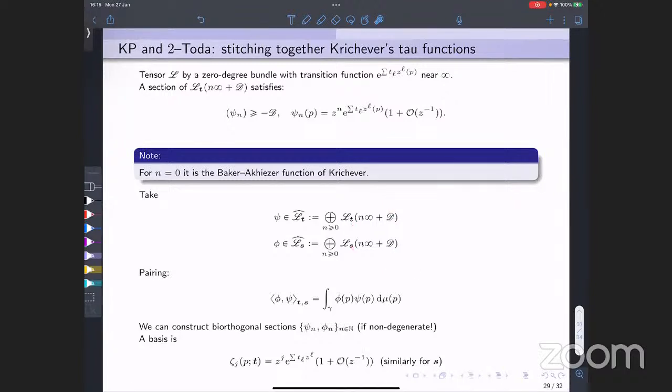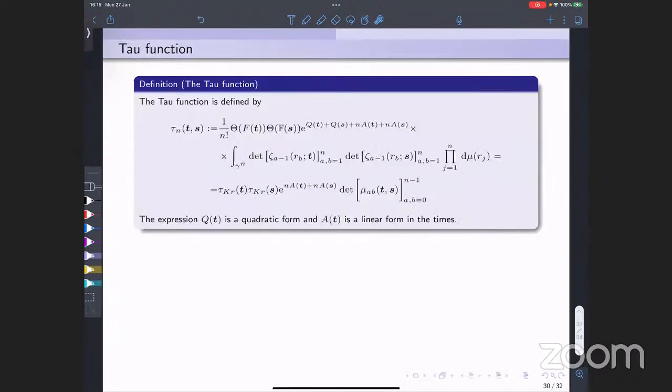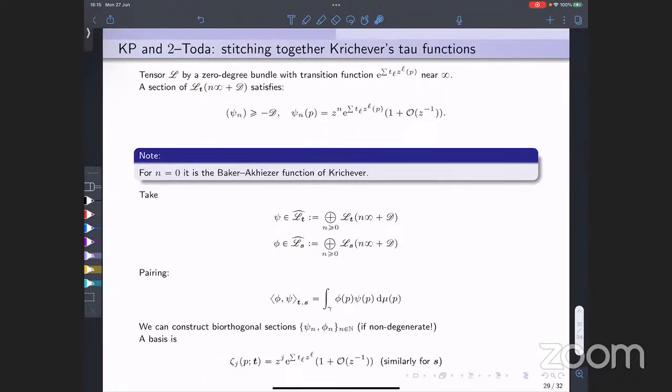So maybe just to say something meaningful, let's put it this way. You take the Baker-Akhiezer function of the algebro-geometric setting, right? And then start differentiating with respect to T1 the first time.